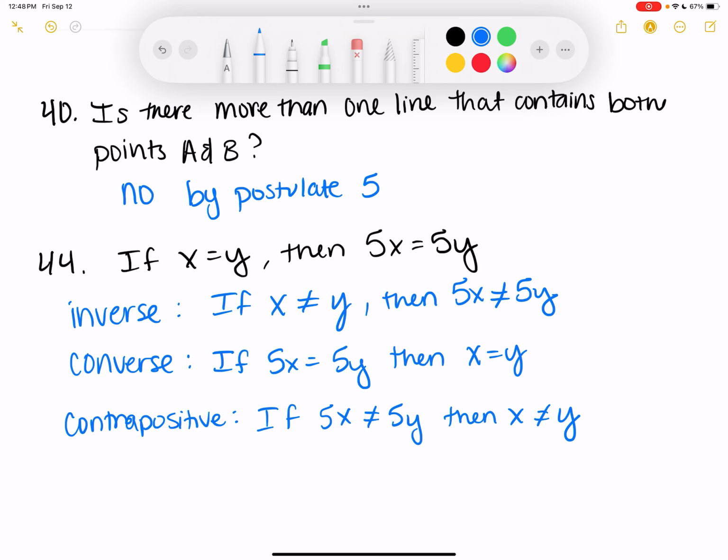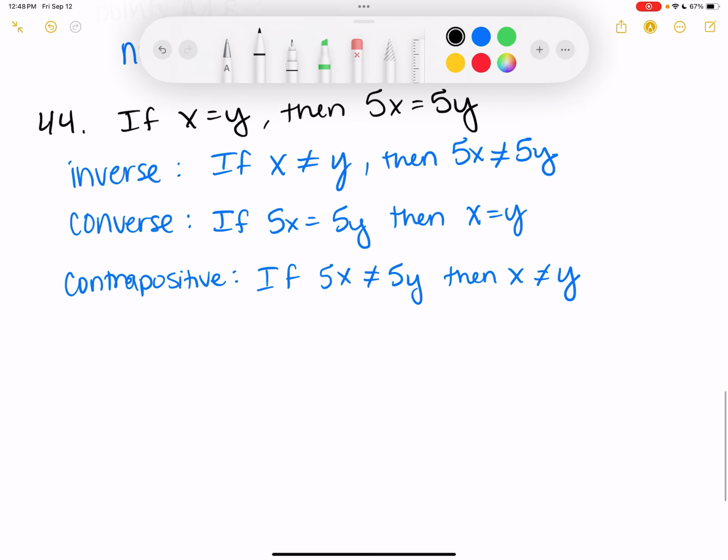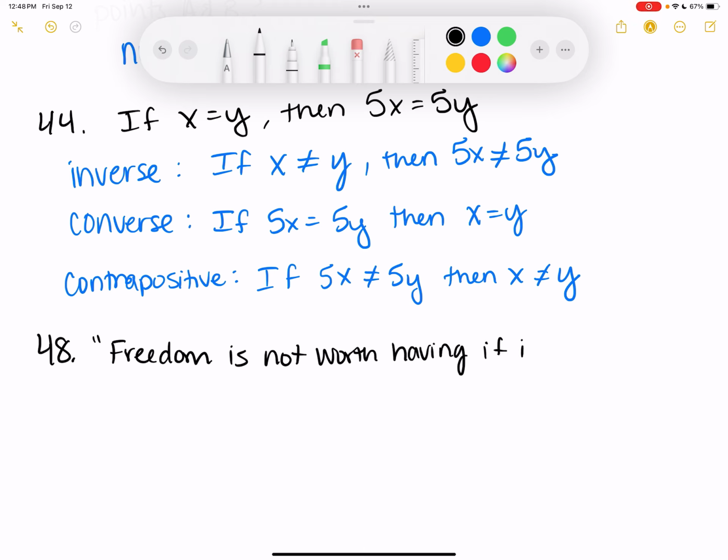Okay, so the quote is, freedom is not worth having if it does not include the freedom to make mistakes.